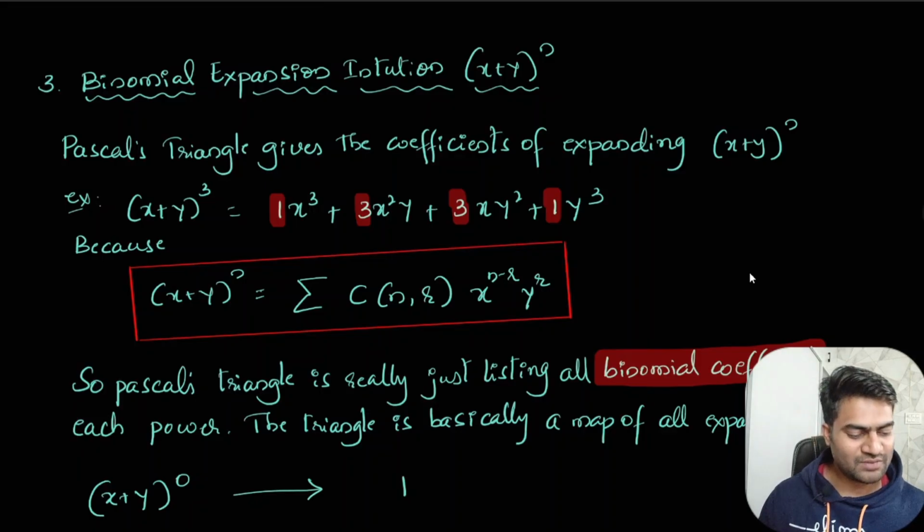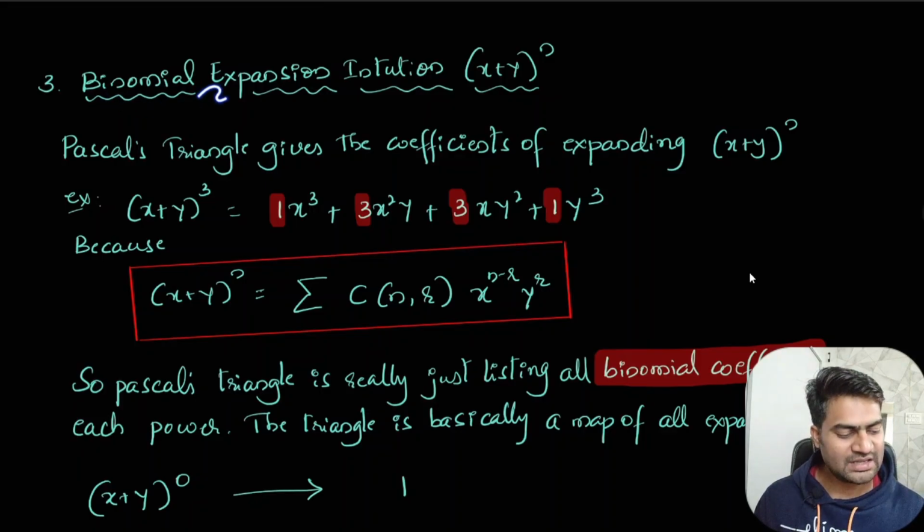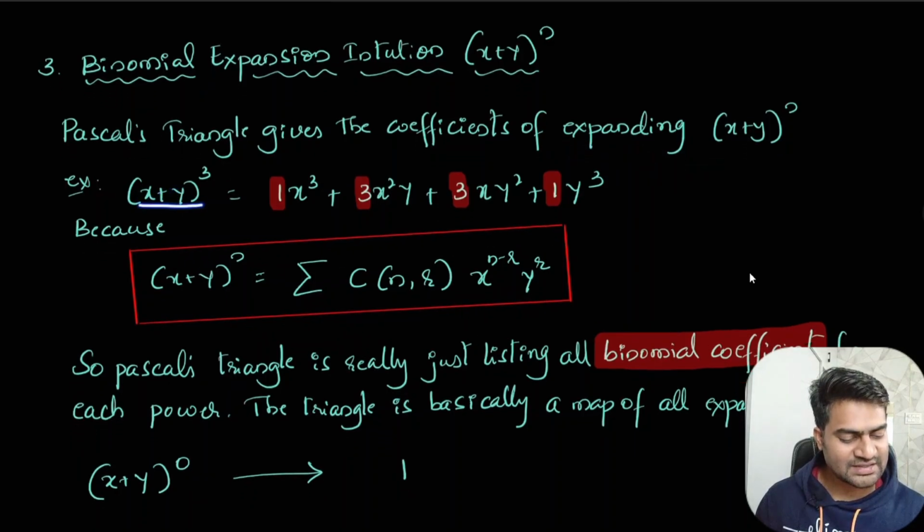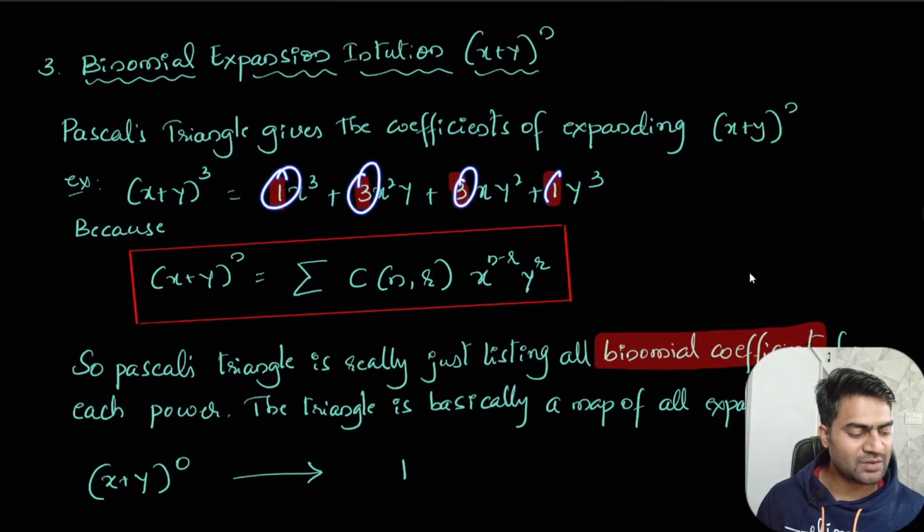Now if you see, this is a binomial expansion intuition basically. If you consider (x plus y) raised to n, what Pascal's triangle gives is the coefficients of expanding (x plus y) to the power n. So what exactly does it mean? Let us take a small example. If the row number is 3, what we got? 1, 3, 3 and 1, right?